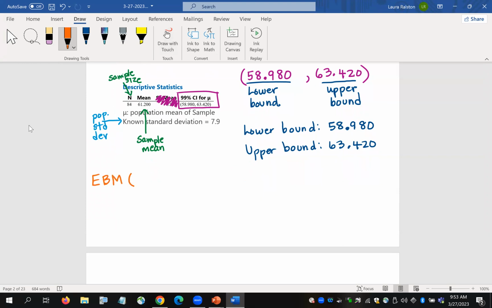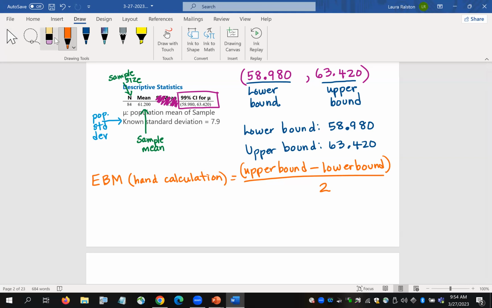Okay, remember this is a hand calculation using the formula and a calculator. The formula is the upper bound minus the lower bound, divided by 2.